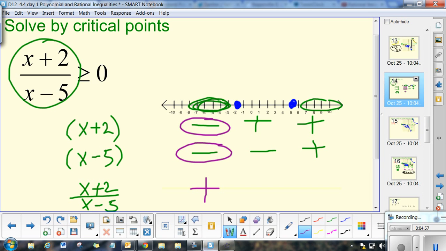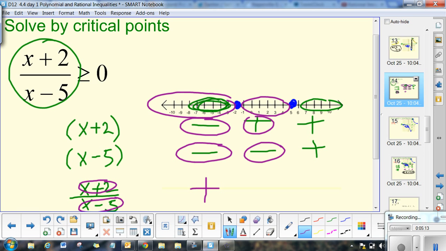So really what we're saying is anything in this zone is going to be positive. Let's take a look at the next zone, right here. That's a plus, divided by a negative, so we get a negative number. A positive divided by a negative is a negative number.